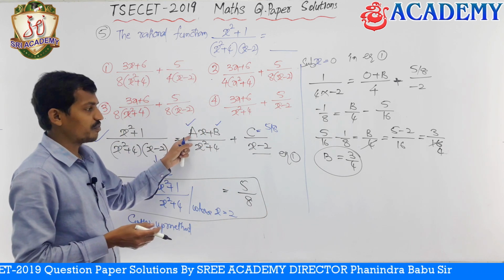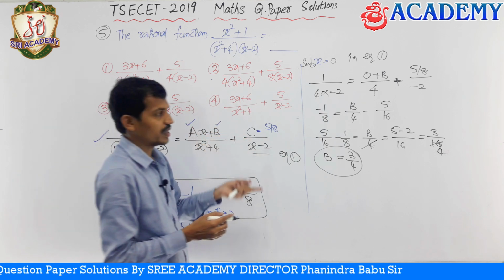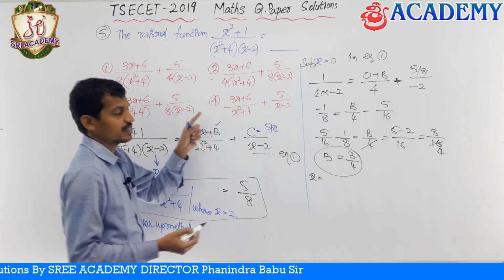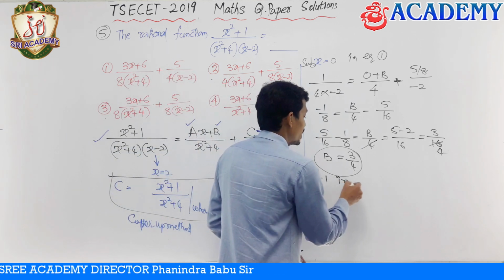Now I am finding the a value by checking one more value. I already checked x equal to 0 here, that's why I am checking x equals 1 once again in equation number 1.